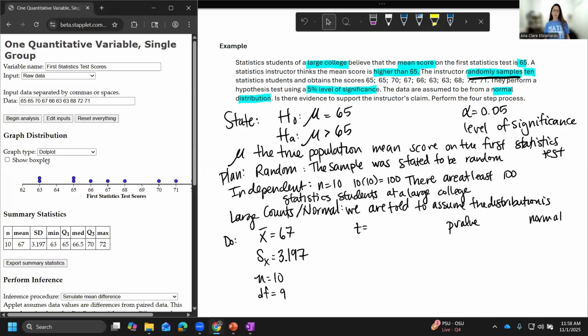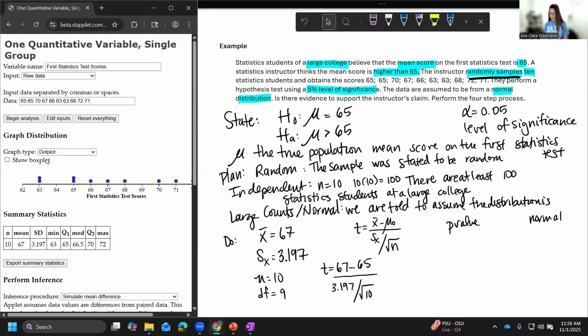And I'm actually going to calculate the t-score by hand. Remember that the t-score is the sample mean minus the hypothesized value divided by the standard deviation of the sample, which is divided by the square root of n. In order to do that, t is 67 minus, we hypothesized 65, all of that over 3.197 divided by the square root of 10.